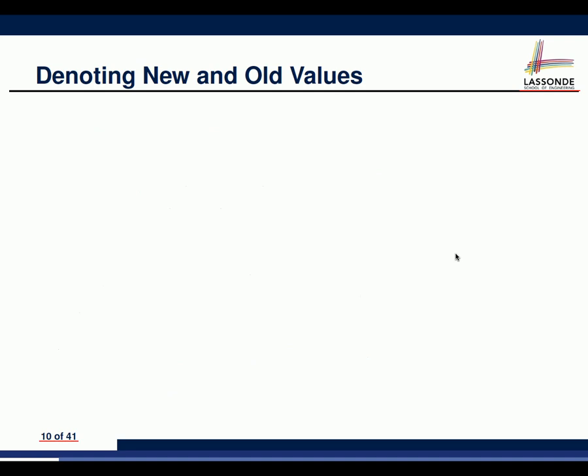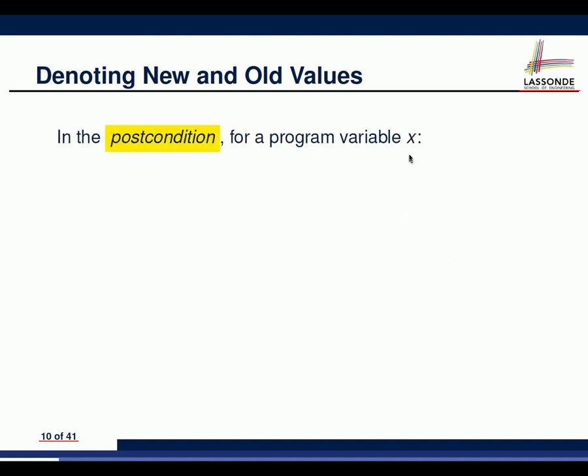Okay, one more slide to mention, just some convention over here about denoting the values, and then we can talk about the rules for WP. We'll talk about 3 today, okay? So in the postconditions, whenever you talk about any variable, let's say x, balance, or count, in the pre-state, remember we're talking about pre-state versus post-state, right? Pre-state simply means before the execution of the body of the feature.